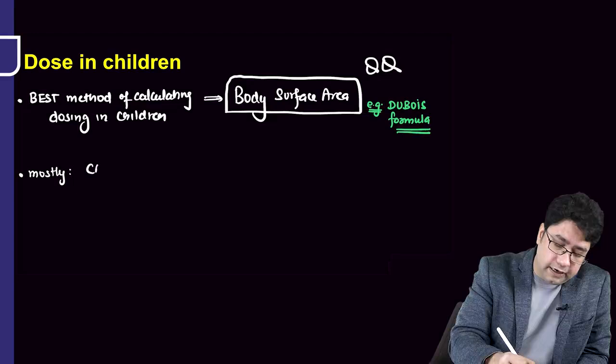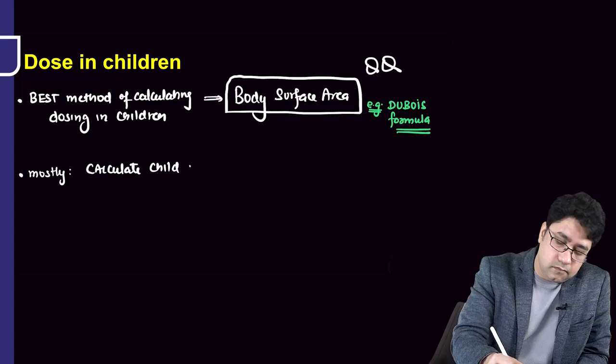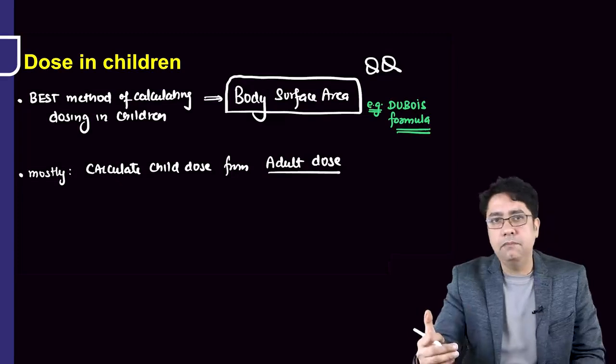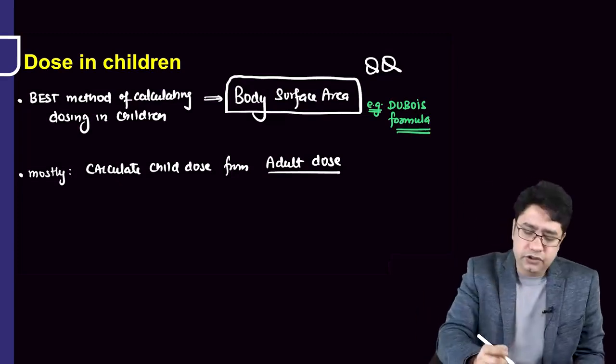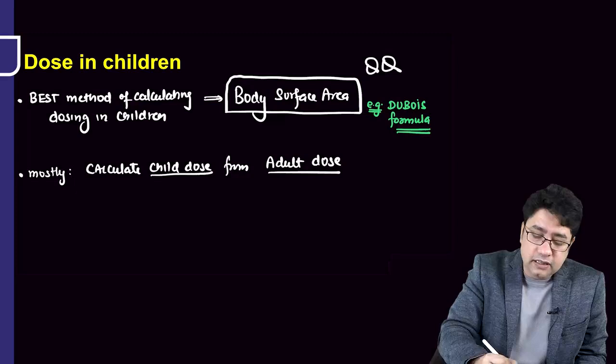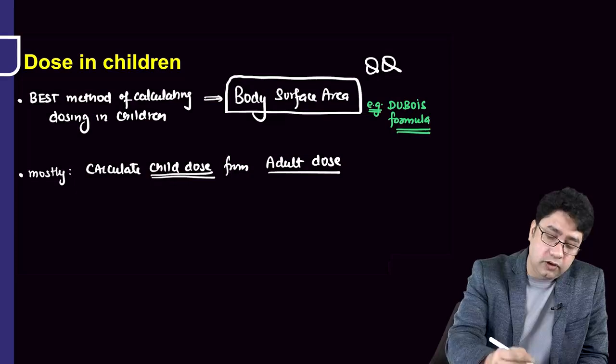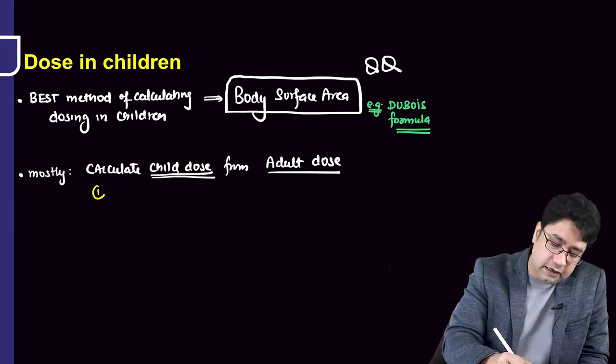we calculate child dose from adult dose. So whatever dose we give in adults, from there we calculate child dose. Although it is not the best method. And there are certain formulas to calculate child dose from adult dose. First is Young's formula.